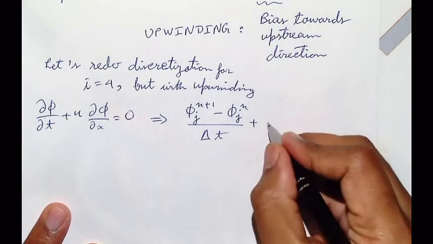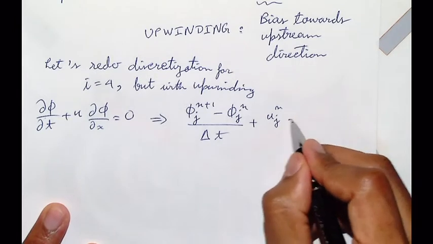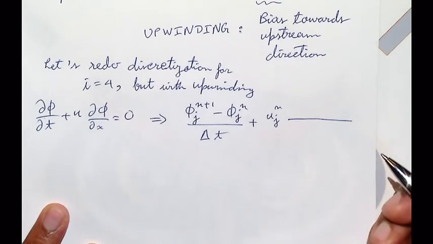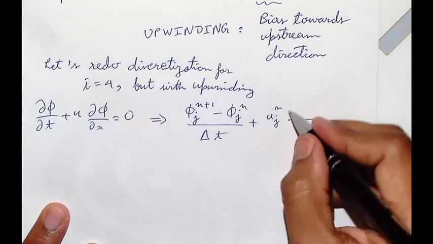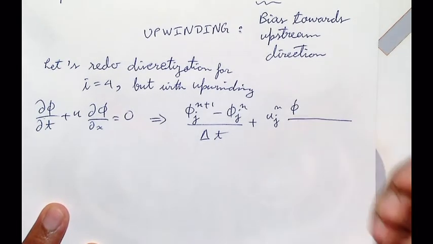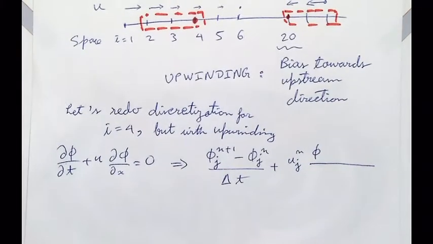Use the n, j. All right, Nicole, you were saying? Phi j plus 1. Now let's see, should it be j plus 1 or j minus 1? Oh, it's minus 1 because we're going back.